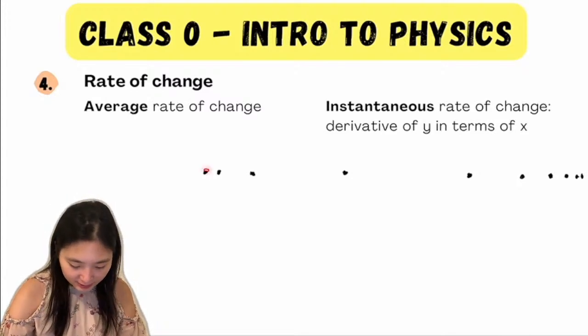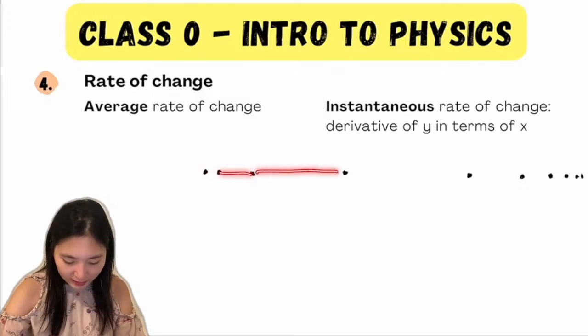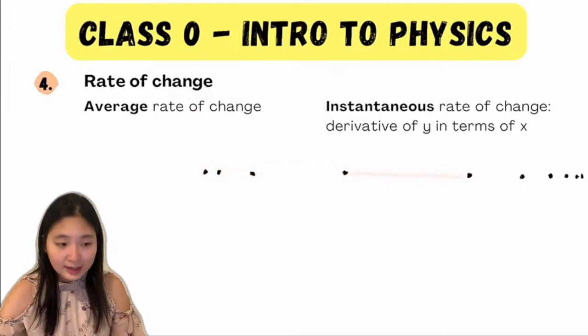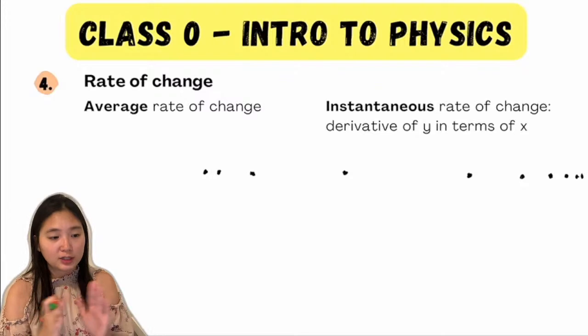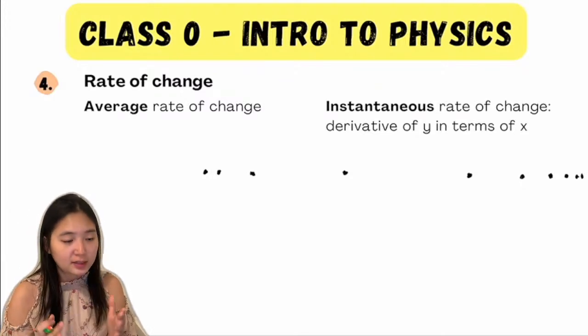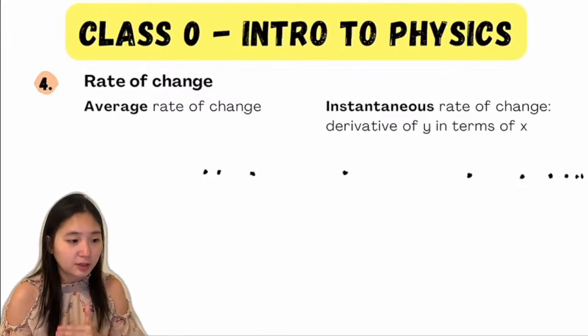Why? Because the distance between each of the dots is getting bigger and bigger, and here it's the biggest, and then the distances between the dots are getting smaller and smaller. Eventually, they just overlap, which means this person is going fast at the beginning, and then he gradually slows down.